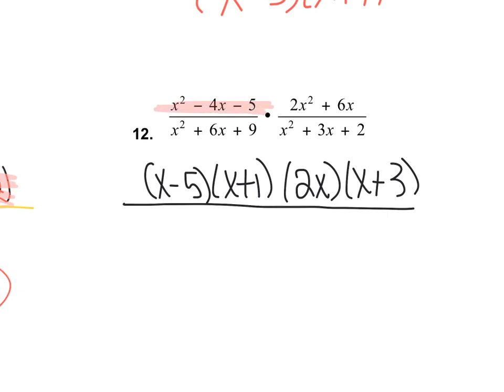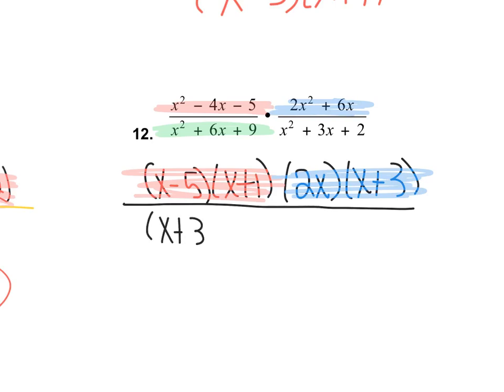This one right here, we factored to x minus 5 times x plus 1. This one here, we factored to 2x times x plus 3. Now we're looking at x squared plus 6x plus 9, which is going to be x plus 3 times x plus 3. And then the last one is going to be x plus 2 and x plus 1.